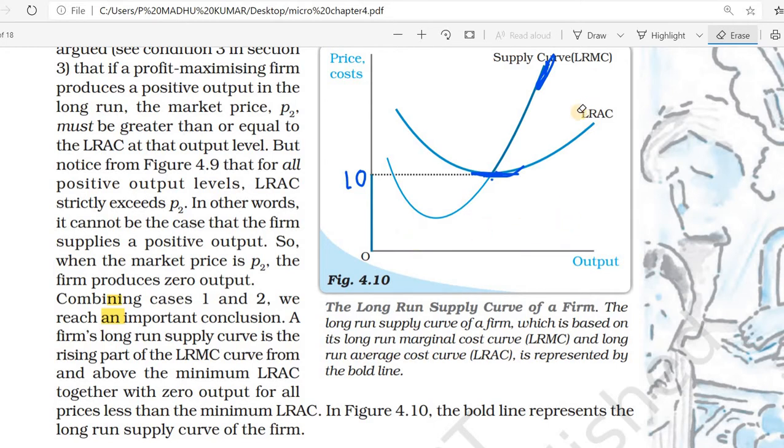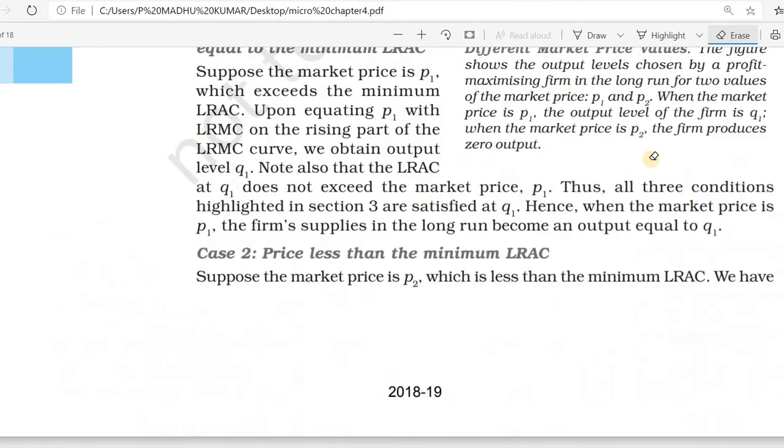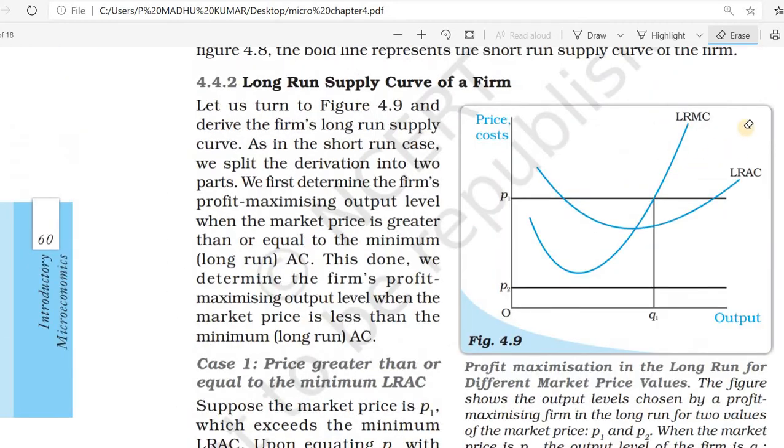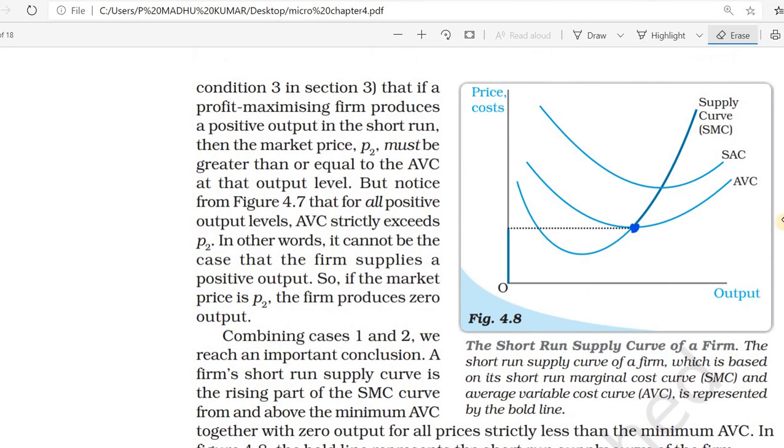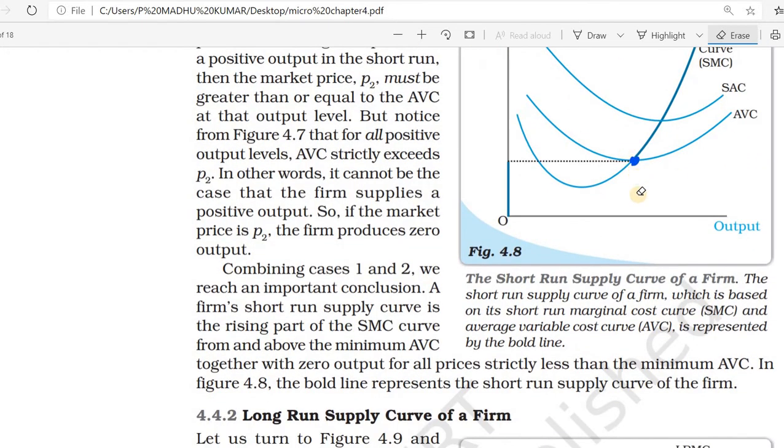In the long run, the LRMC curve will cut the LRAC curve, and in the short run, the SMC curve will cut the AVC curve. Below this point, in the short run, there will be no production. This area we call the shutdown point.